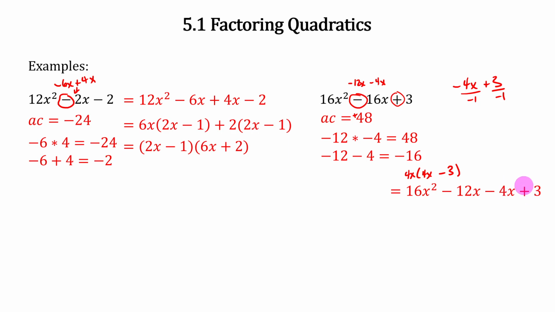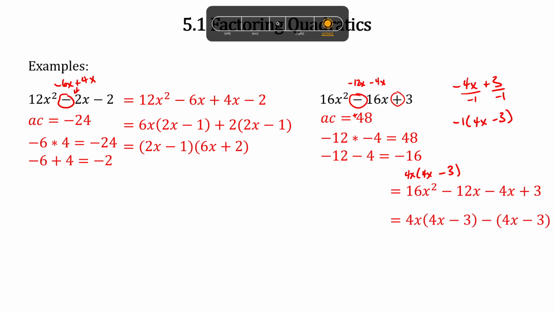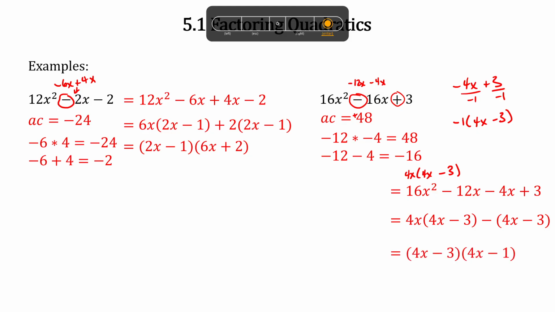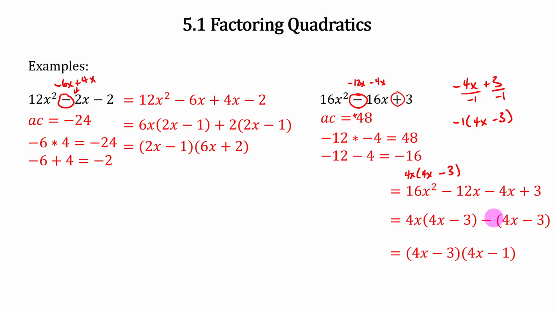So I need to factor out and make this a minus. If I factor out the negative 1, I would get positive 4x minus 3. Okay, and then factor out the 4x minus 3, and there is a 1 right here. So you get 4x minus 3 times 4x minus 1.